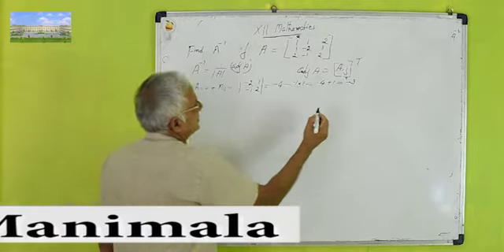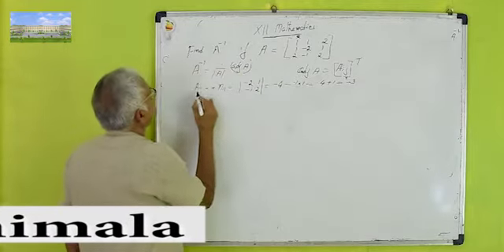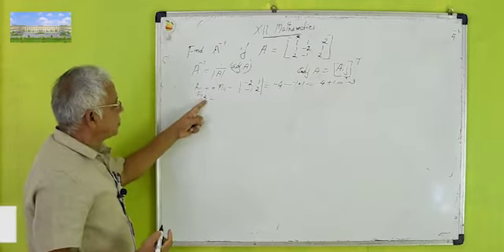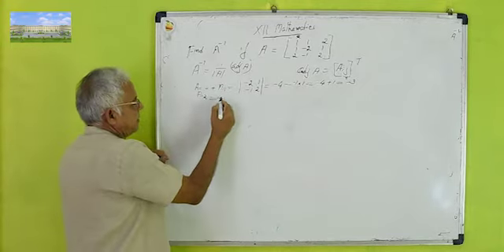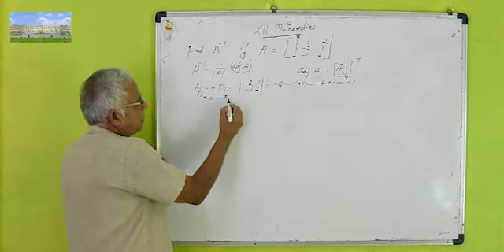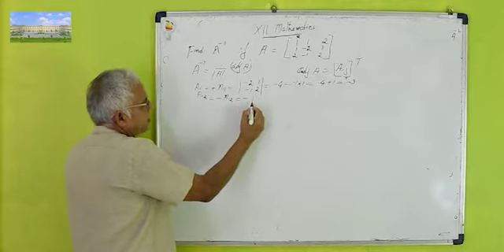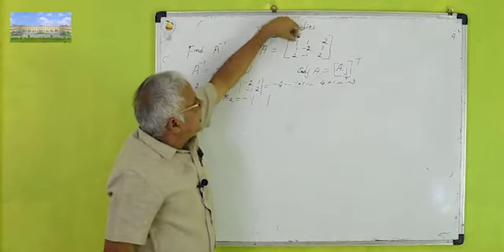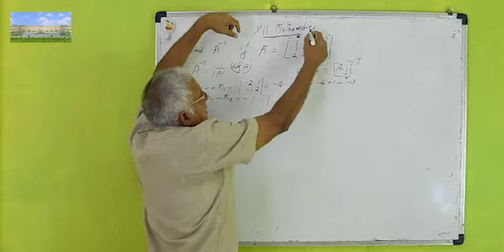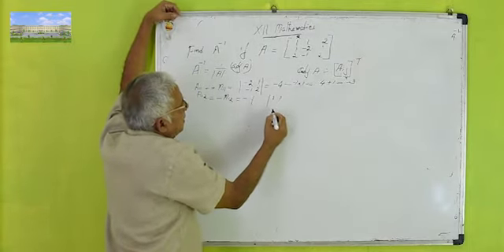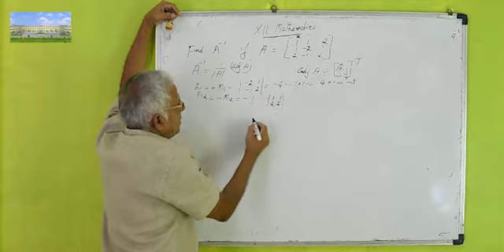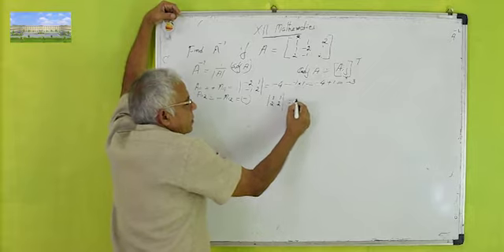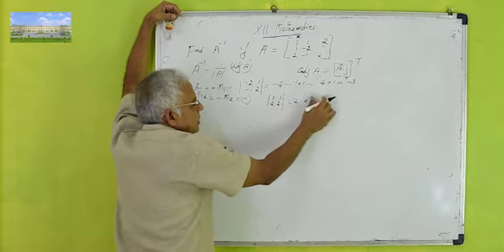A12: sum of the suffixes 1 plus 2 is 3, so the sign is negative, into the minor of 1, 2. Delete the row and column containing the element A12, then we get the determinant 1, 1, 2, 2. That is 1 into 2 minus 2, which is 0.